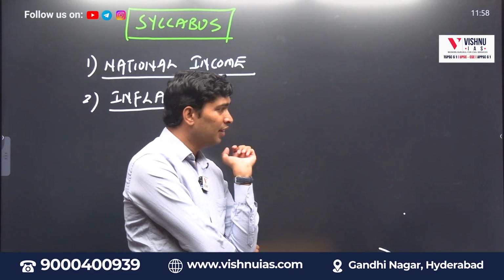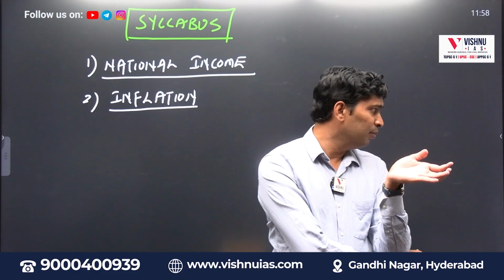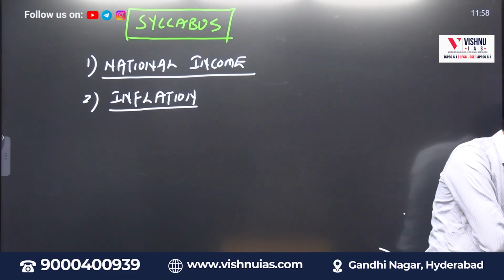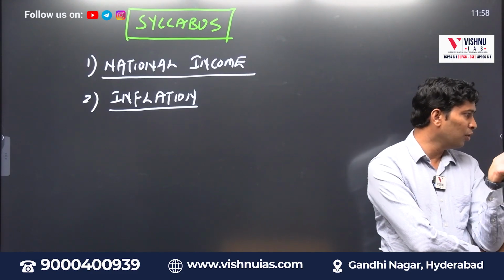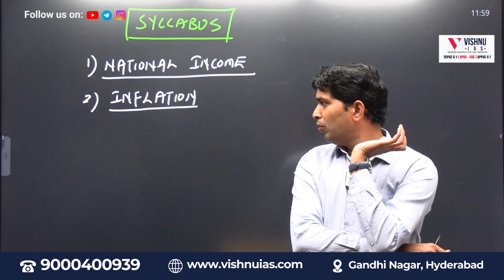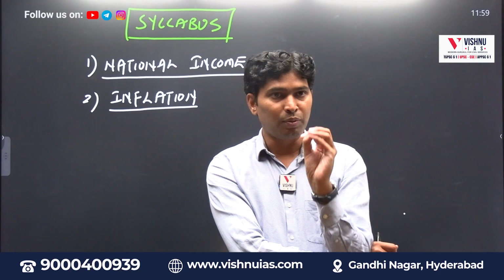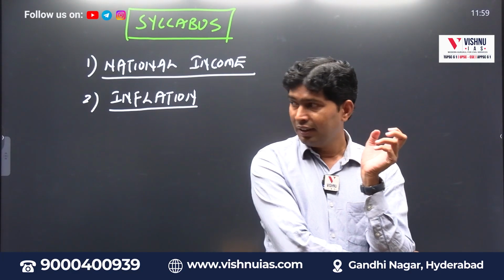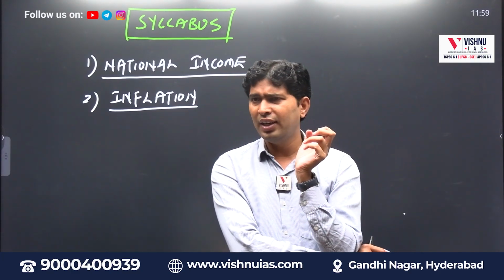Main themes from the national income chapter, if you remember, are Viksit Bharat, demographic dividend. The examiner is more interested in a holistic understanding of the economy, and the reason why Viksit Bharat, $5 trillion.